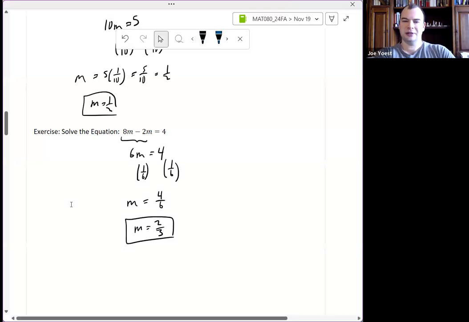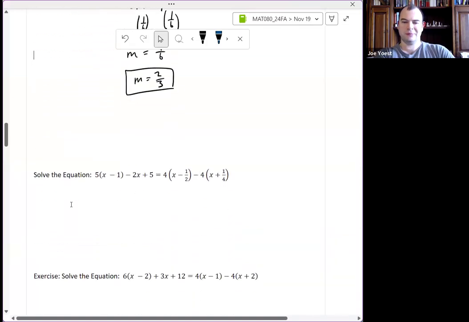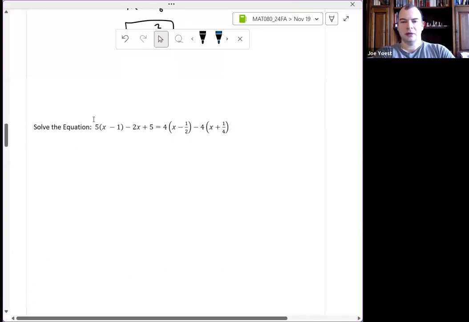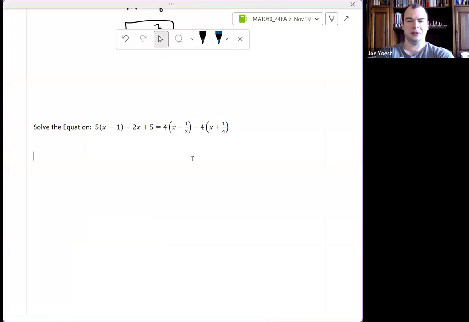Any questions so far? Okay, what about a problem like this? If I look at this, this looks like a really complicated problem, right? It looks very challenging. There's a lot of parentheses. There's a bunch of different terms on both sides.